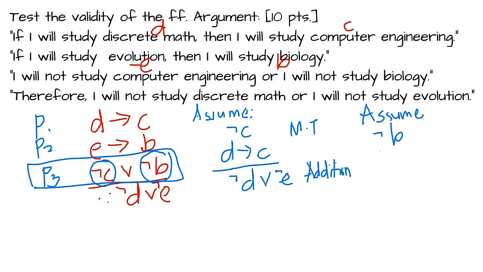So premise 2, E implying B, giving us the not of E. And again, by another addition, we have or not of D. By proof by cases, we can conclude with the two cases that the argument is valid.